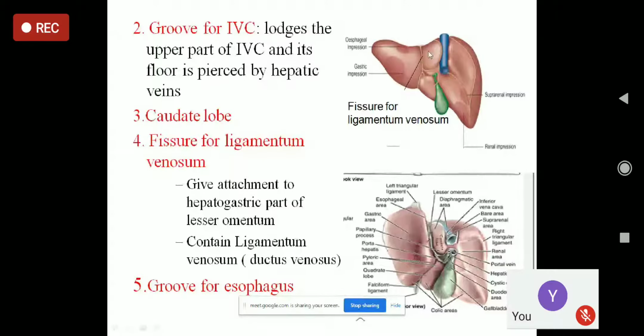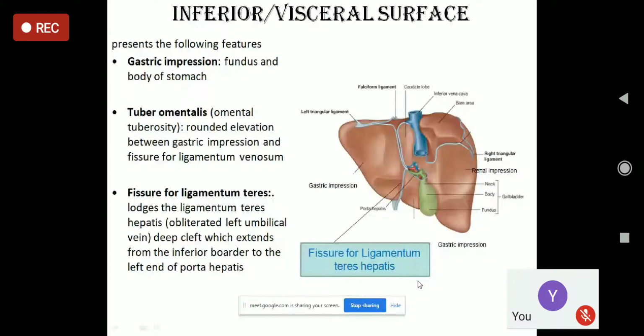Near to the caudate lobe is the fissure for the ligamentum venosum. It is a remnant of ductus venosus. Whereas near to the gallbladder, near to the inferior border, you'll get this. Look at here. This is ligamentum what? Teres femoris. Oh my god. Don't confuse the two. Please memorize these two.